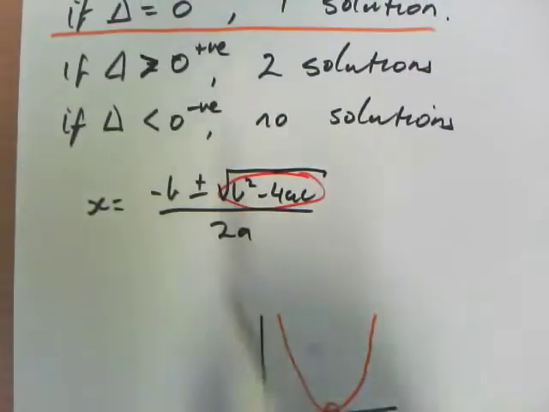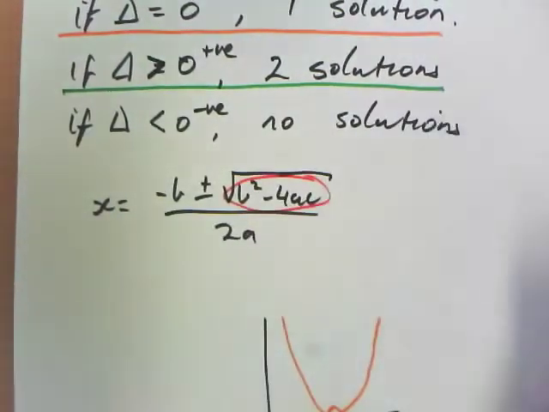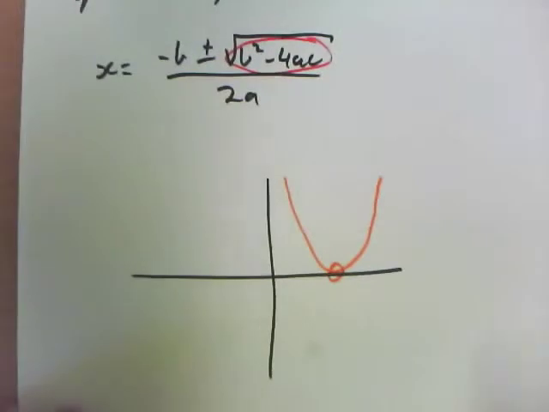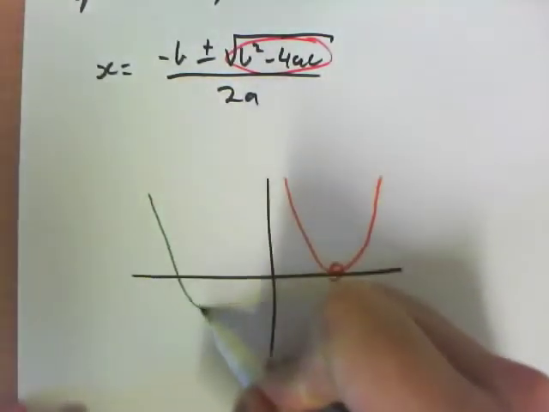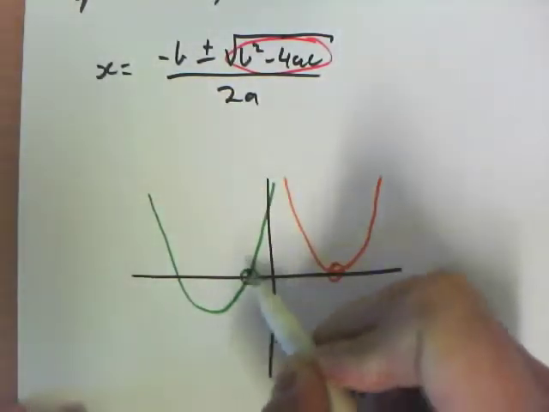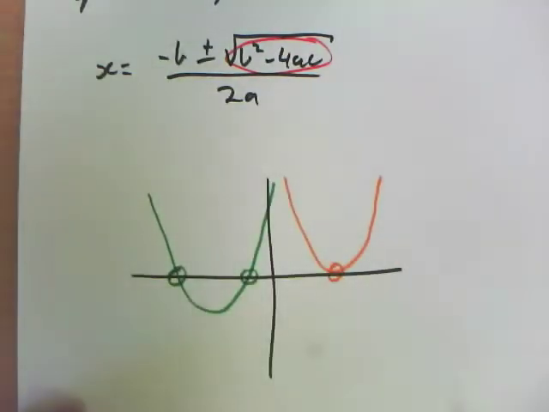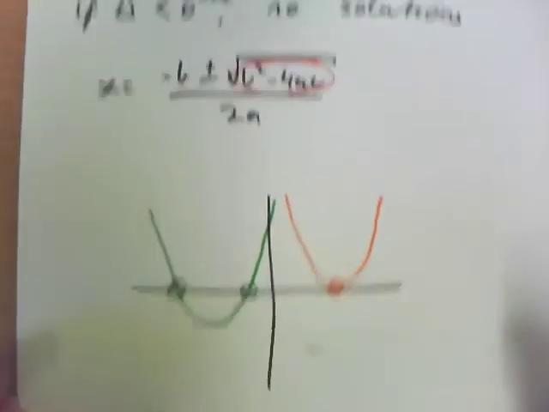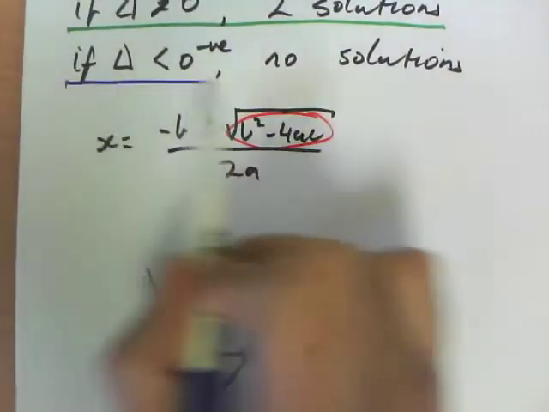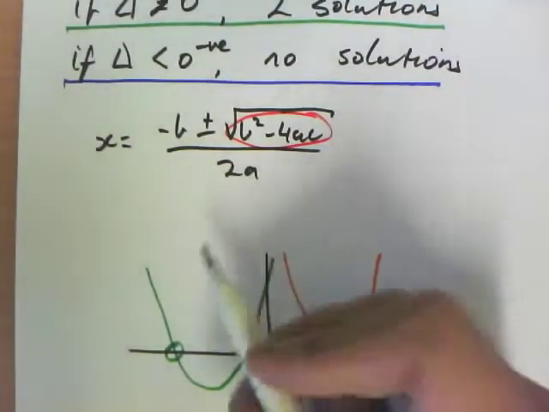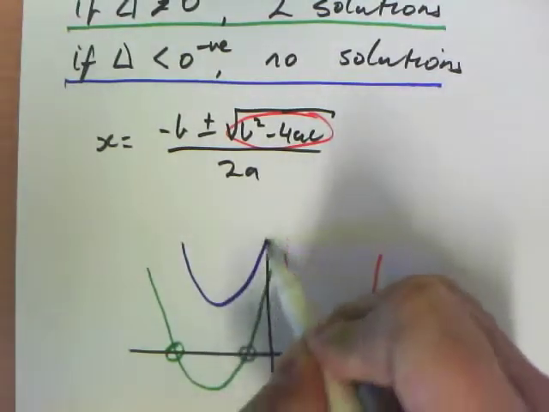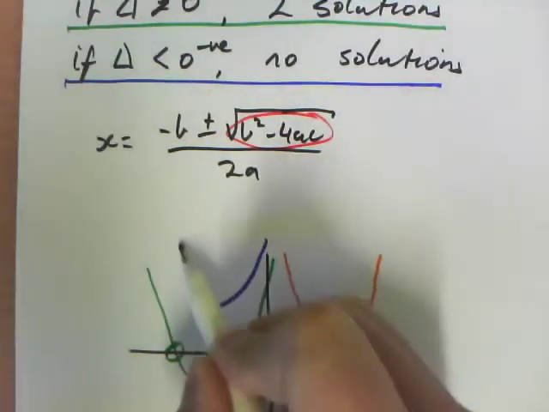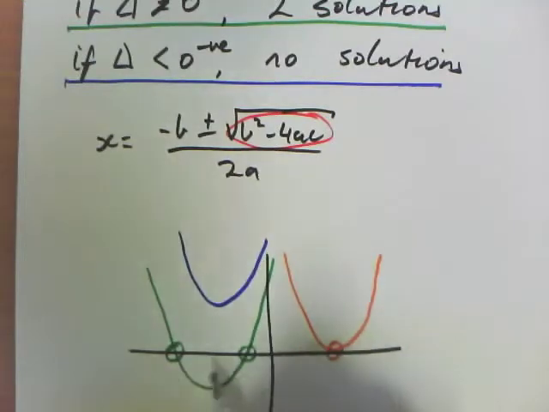If we're doing the positive one, or greater than 0, what that means is you cross the x-axis on two occasions. So your turning point is below the axis. And finally, if it's negative, what that means is that at no time does your parabola cross the x-axis.